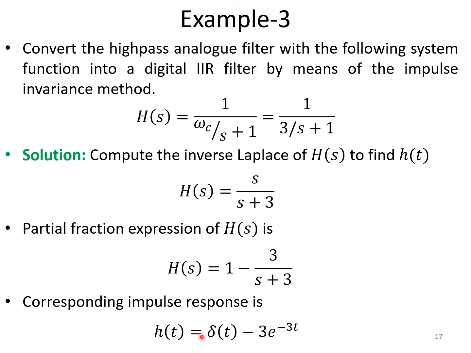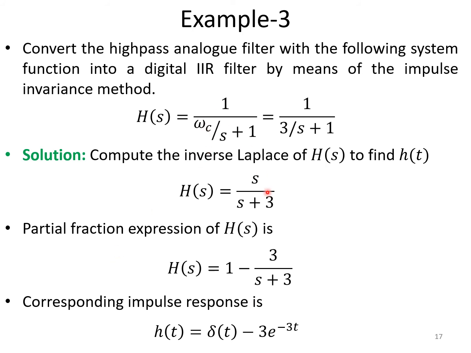Now sampling of the delta function is impossible, because it only appears at t equal to 0. So sampling of this is not possible. Therefore this method cannot be used to design high pass filters or those transfer functions which are strictly proper.